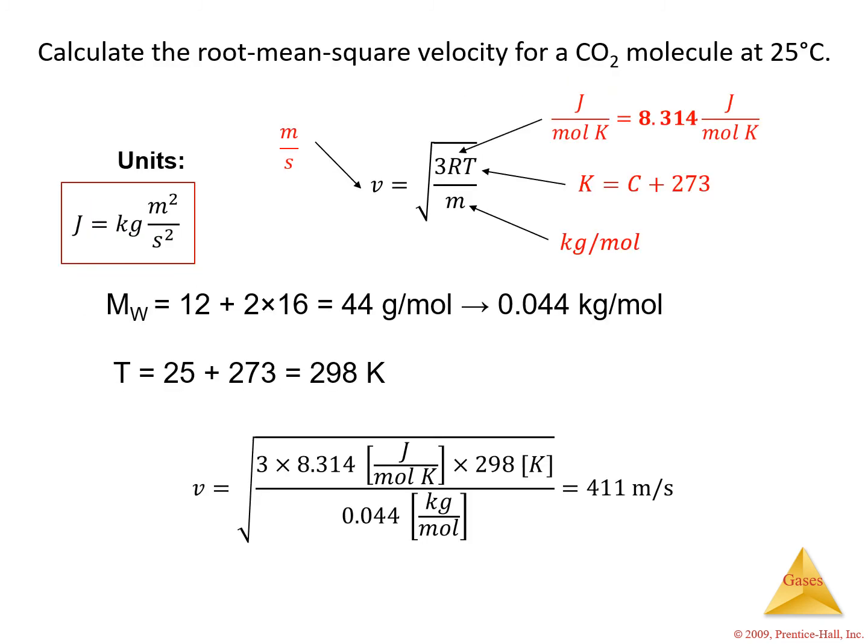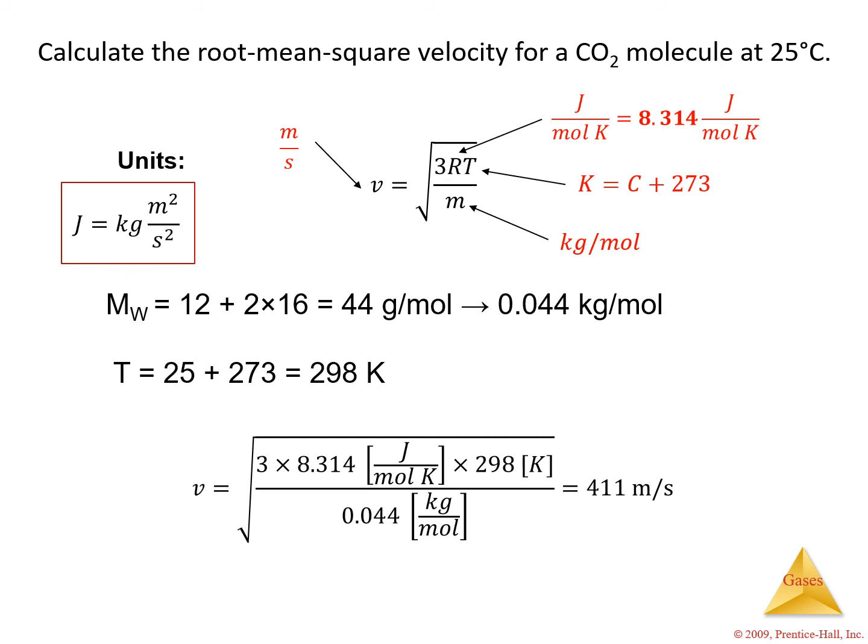Now, using that theory, we can easily calculate the so-called root mean square velocity of any molecule at a given temperature, as the velocity is proportional to the temperature. But in this case, if you recall my first lecture on gases, I mentioned that you're free to choose your R constant.